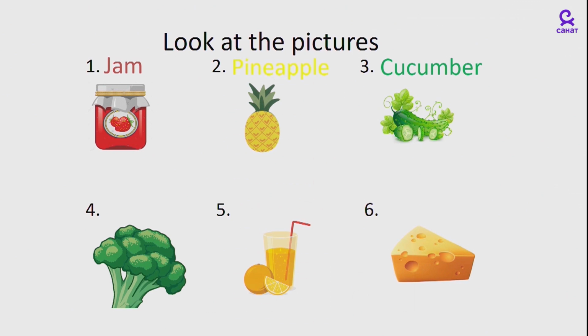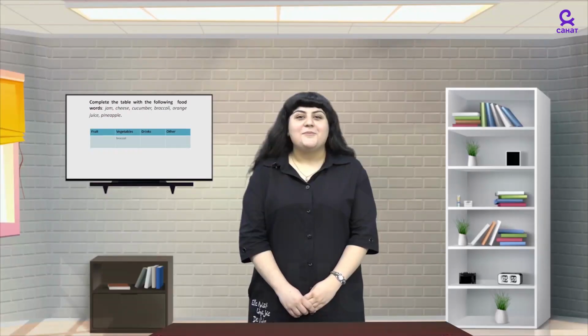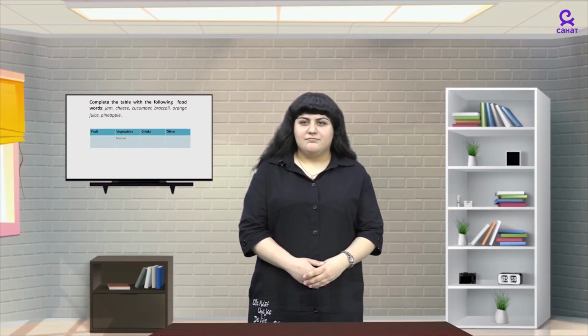Right. What about number 4? Broccoli. What do you call a drink in picture number 5? Orange juice. And the last one? Cheese. Very good.